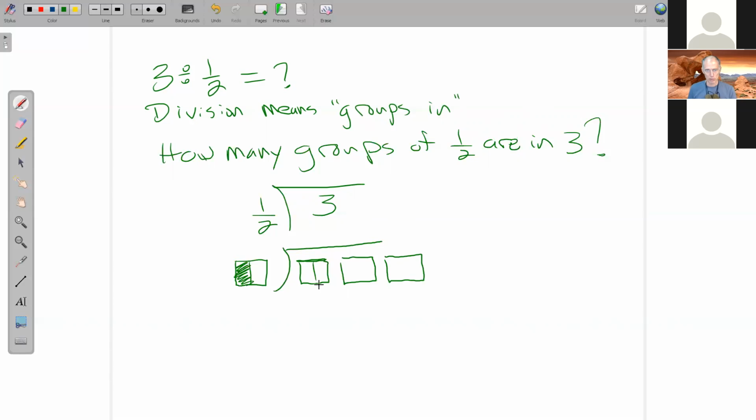I might as well split them in halves, so it matches. And again, I'm looking for groups that look like this one here. And I see 1, 2, 3, 4, 5, 6 of them. So 1/2 goes into 3 6 times because I found 6 groups of 1/2 in 3.